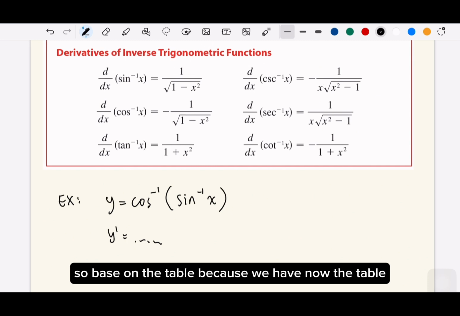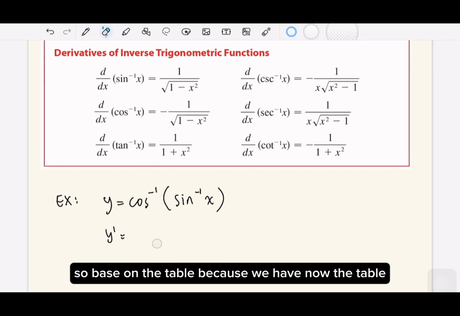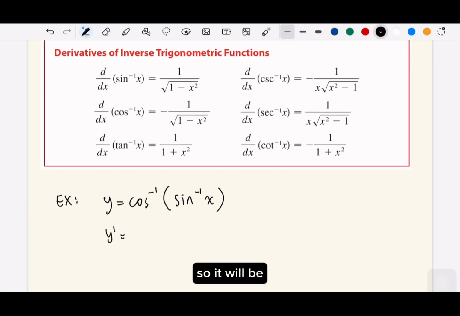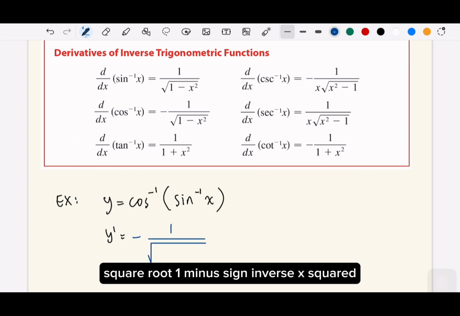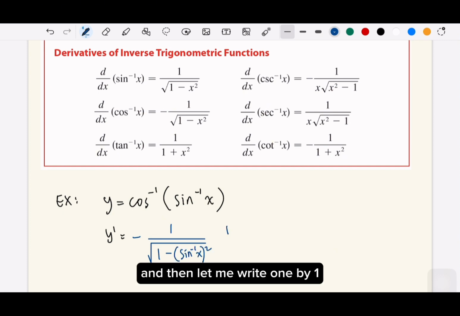So based on the table, it will be -1 over the square root of 1 minus sine inverse x squared, and then let me write one by one. This will be sine inverse x like that.